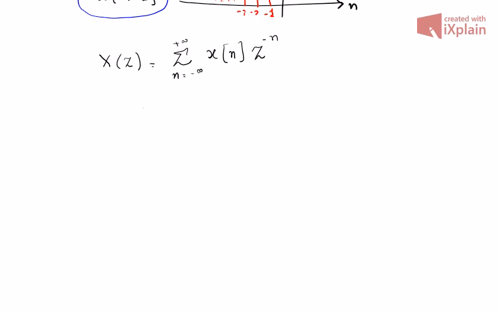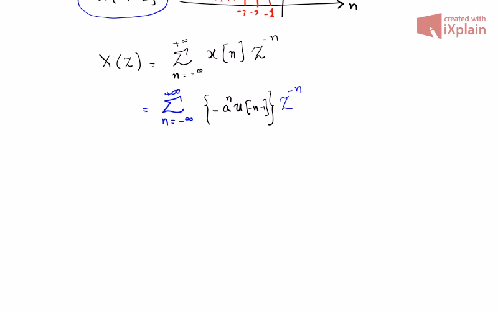So I just substitute x of n here. I am just rewriting x of n here, and x of n is minus a raised to the power n u of minus n minus 1, and then we have z to the power minus n.